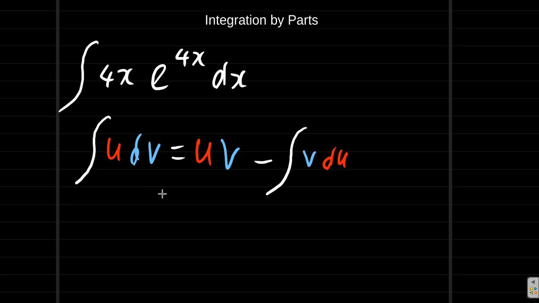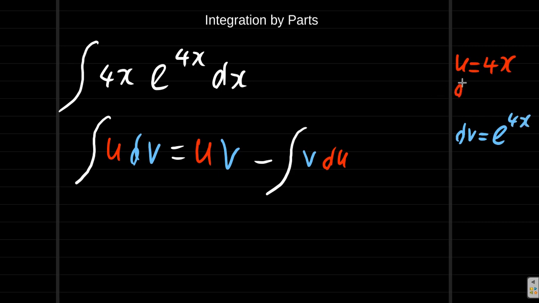So we're going to have u being equal to 4x, dv is equal to e to the 4x.